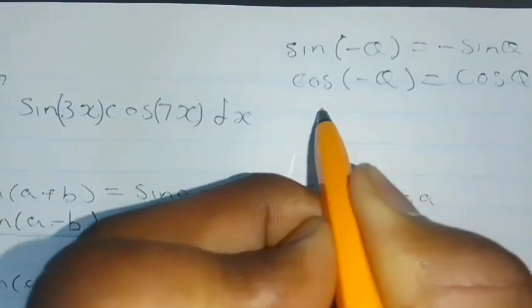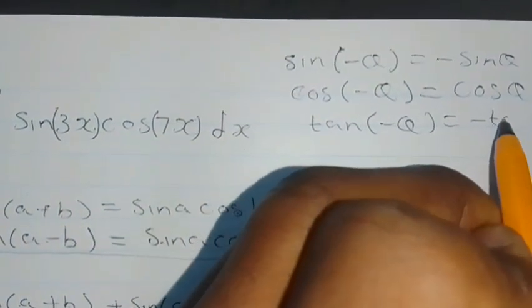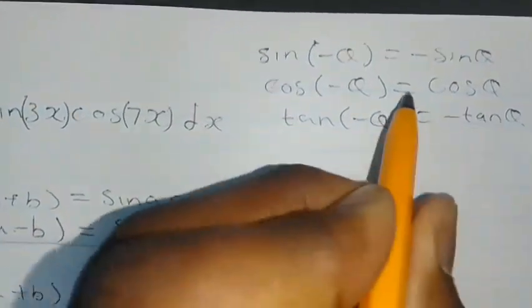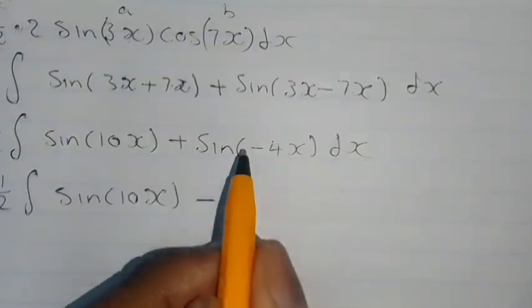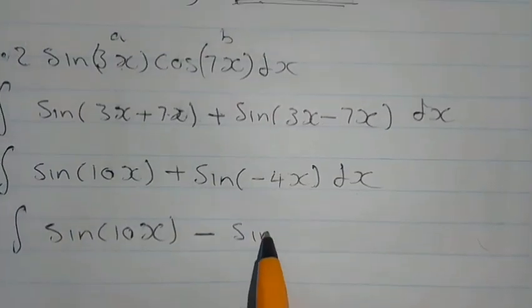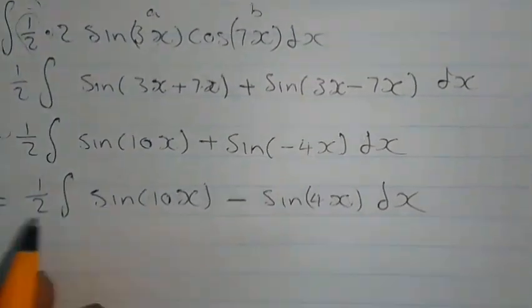Tangent of negative theta is the same as minus tan theta. You need to memorize this. Now I'm interested in sine, so it's going to be negative sine 4x. That's a little skill you need to develop.